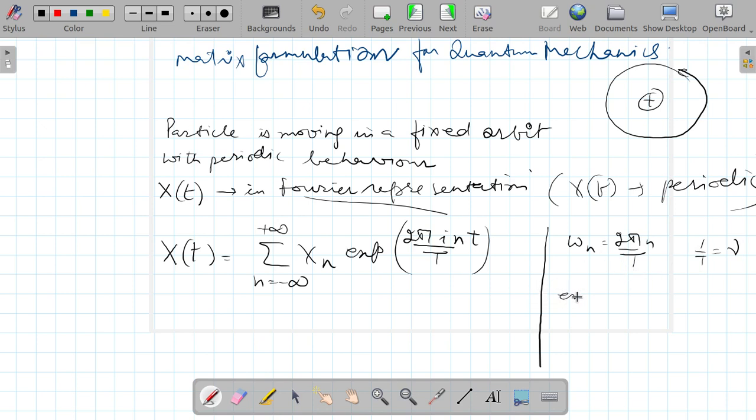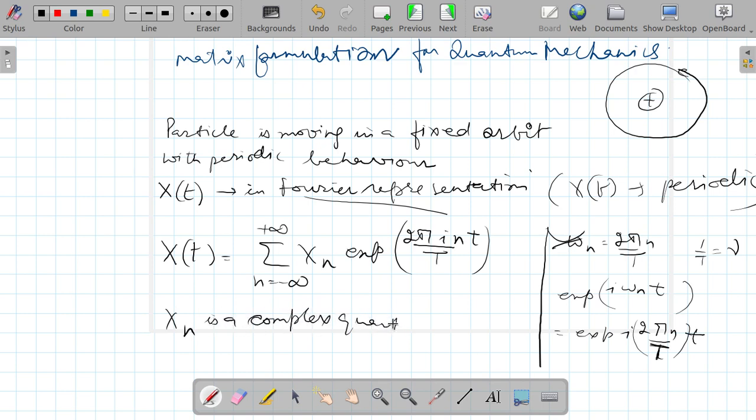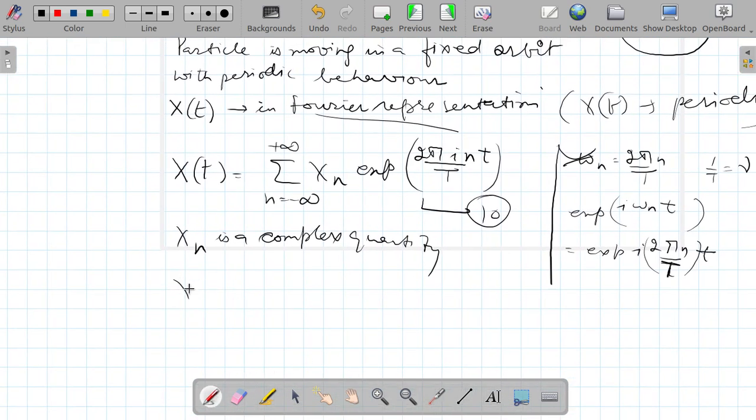So exponential of iota omega_n t can be written as exponential of iota 2 pi n by T into t, right? We have used this simple idea. Also, this x_n is a complex quantity, so x_n must be equal to x_minus n star.